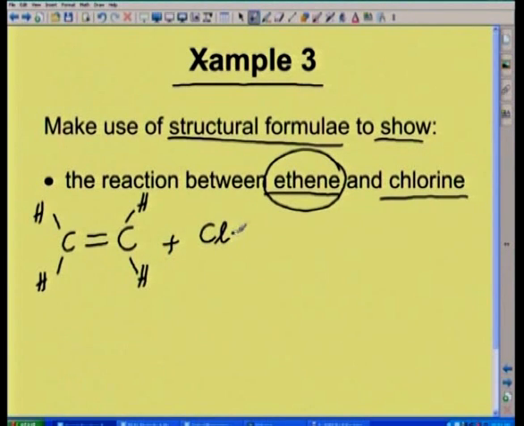Remember chlorine. Allow me to write it like this again this time. What is going to be formed here? Listen carefully. We've got a double bond between carbon atoms. What is going to happen is that one of those bonds is going to break. And when it breaks, each carbon atom would have at least one more bond to form with any other substance that can come its way.